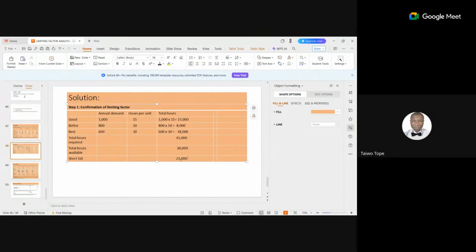This is calling for rationing of the available hours based on the product that will give the highest contribution. Because these 20,000 hours we have now, we need to use it well. Which product will give us the best per limiting factor? We need to determine that. So we need to satisfy the production of that product first. Then we continue to distribute to other products.